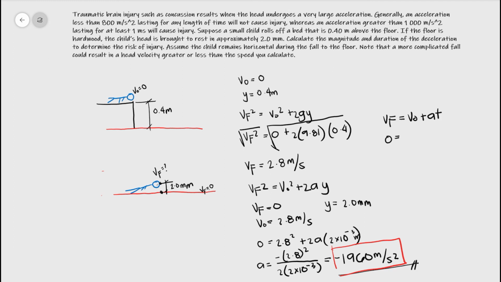The initial velocity is 2.8 minus the deceleration, 1960, or let's say this is positive. Solving for t, it is negative 2.8 over negative 1960. Our answer is approximately 1.43 milliseconds.